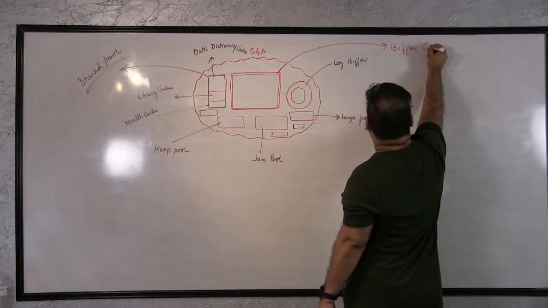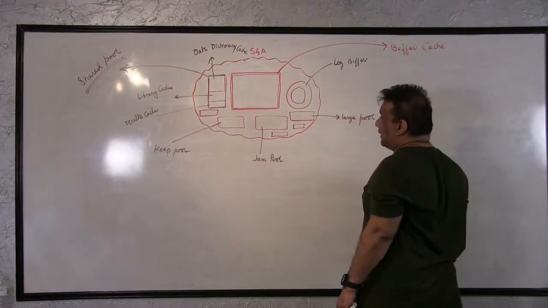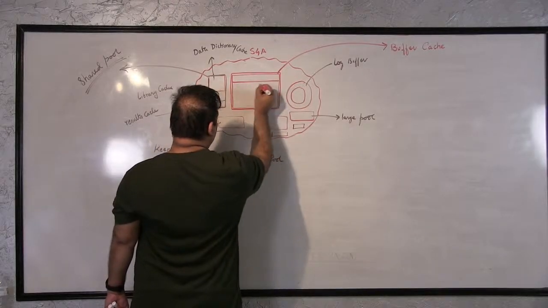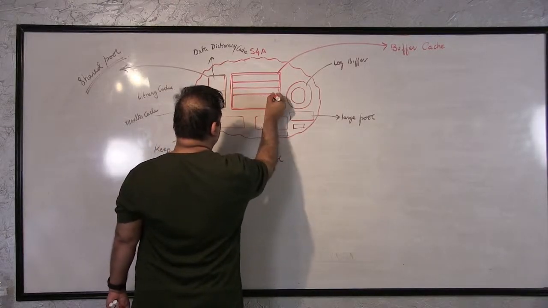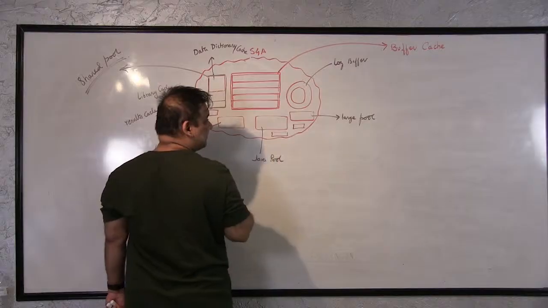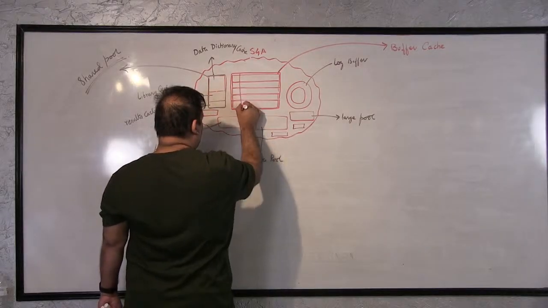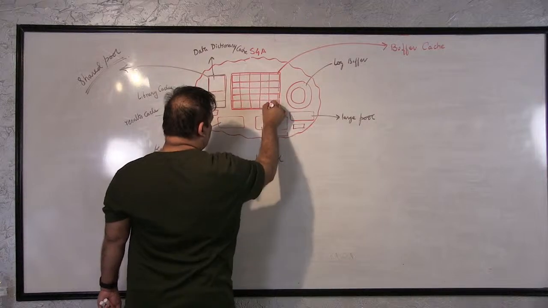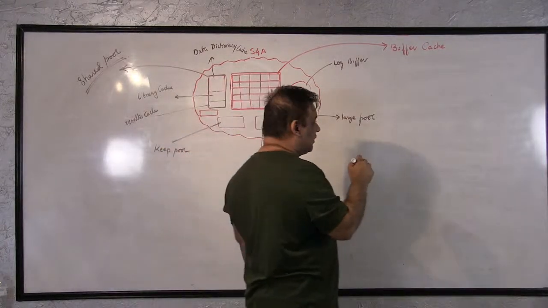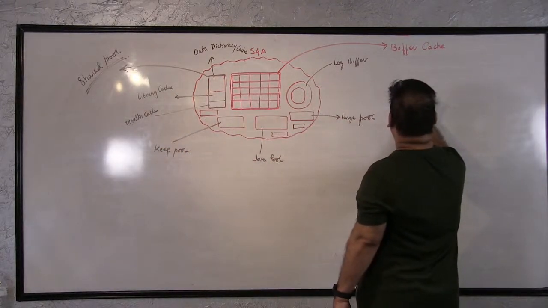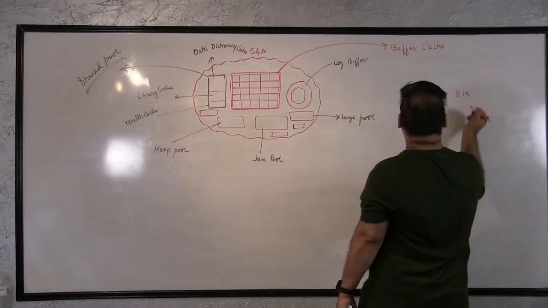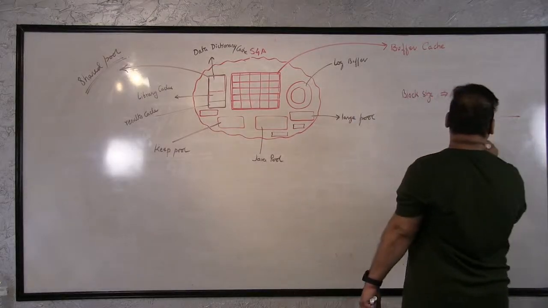Buffer cache. Now, buffer cache is split into the same size as your block size. So if your block size is 8K, then the buffer is 8K as well.